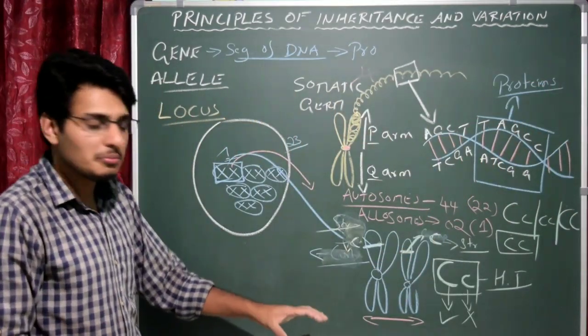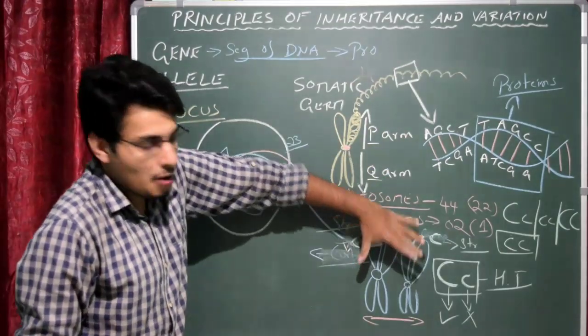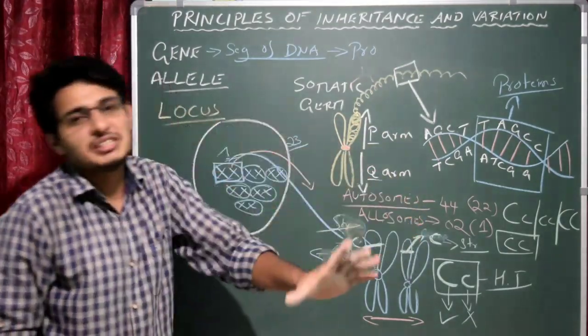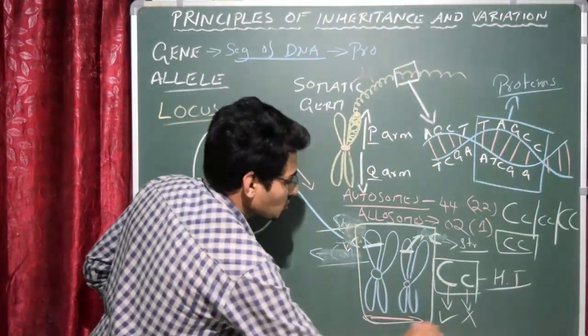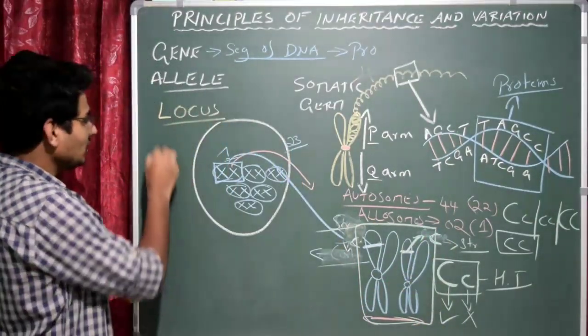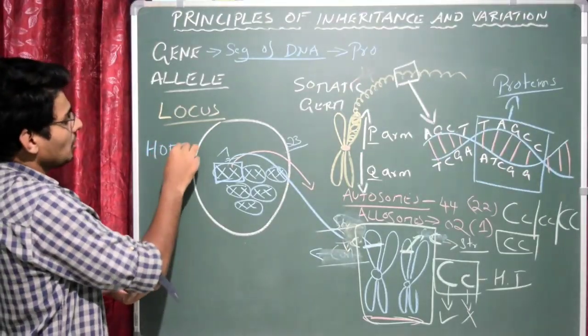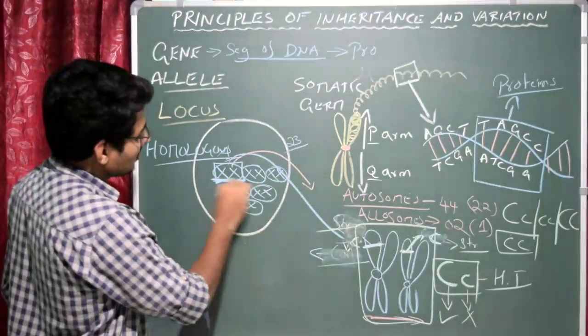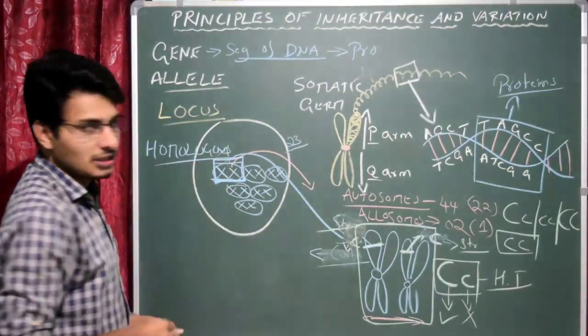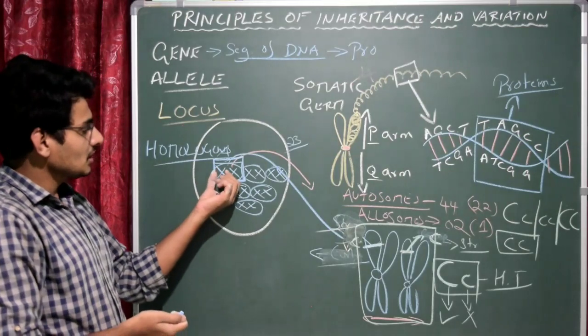So always remember, we all have two copies of each gene because we have homologous chromosomes. Now I have to write what a homologous chromosome is. For example, if you consider this chromosome, this is the first set of chromosomes.